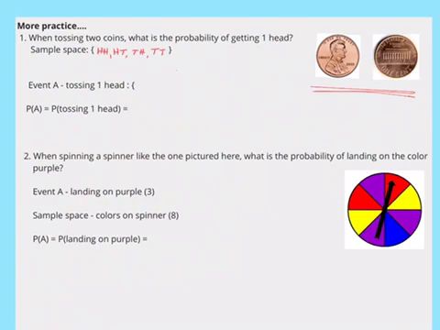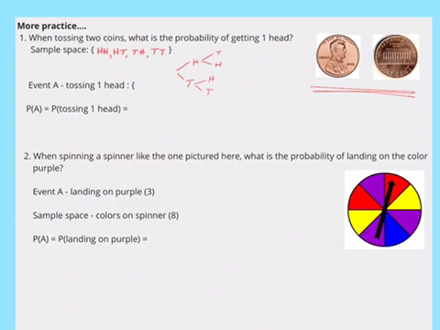If you were to create a tree for what we have here, our first toss could have been a head or a tail. My second toss, if I tossed a head, could have been a tail or a head. Had my first toss been a tail, my second toss could have been a head or a tail.